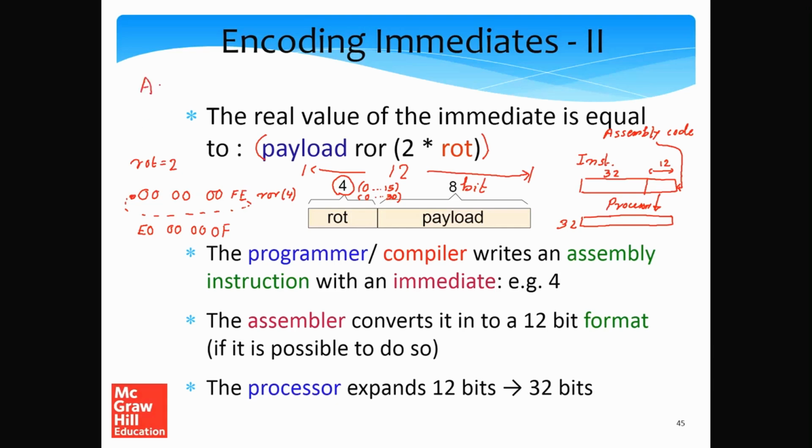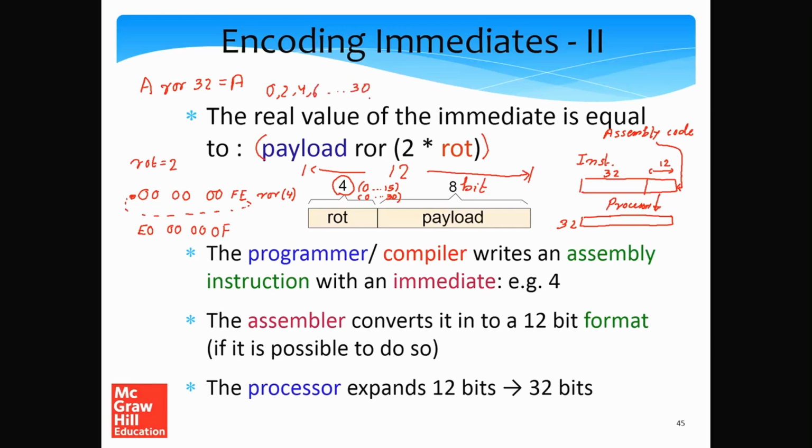So any 32-bit number right rotated by 32 positions is equal to the number itself. So essentially 32 is a limit, but what the ARM format is saying is that it allows you to specify 8 bits and further a right rotation such that you can rotate it by any number which is in the range of 0, 2, 4, 6, just even numbers till 30.